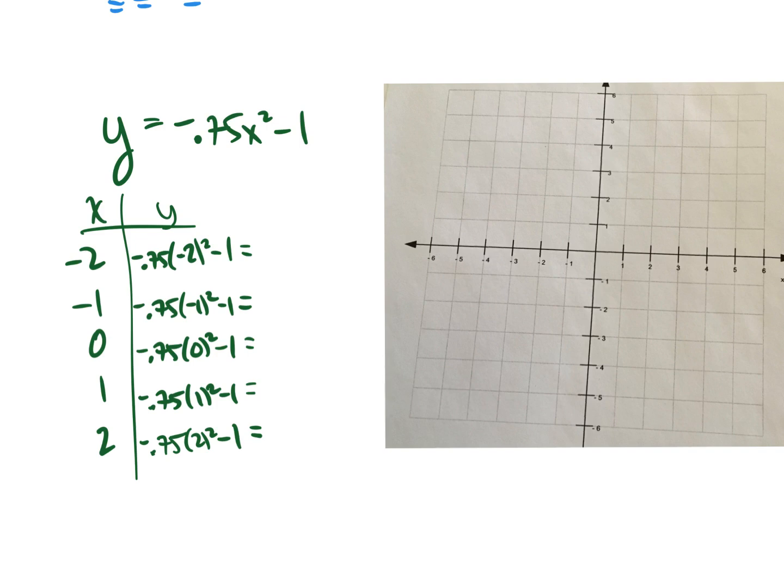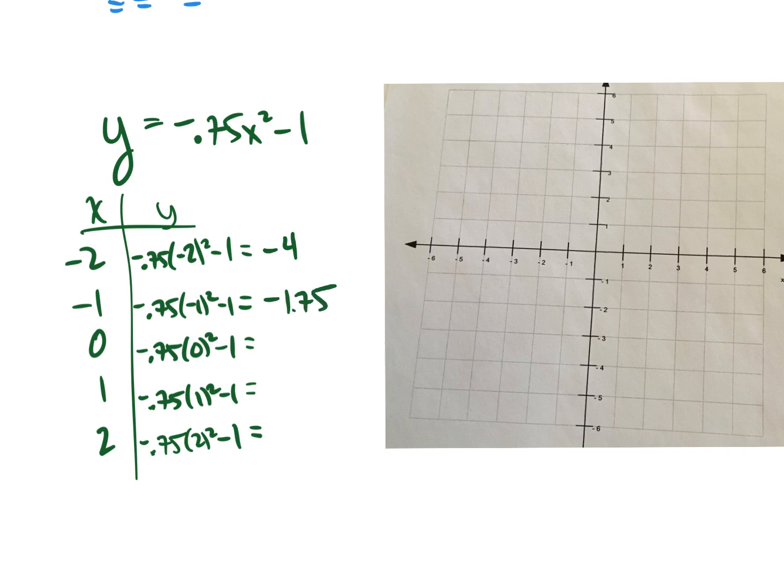As I showed you earlier, I just want you to be able to put these in. So we'll have negative 0.75 times negative 2 squared minus 1. And what we get out is negative 4. Okay, the next one, negative 0.75 times negative 1 squared minus 1 will get us out negative 1.75.